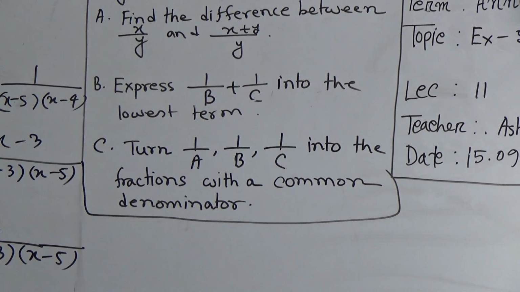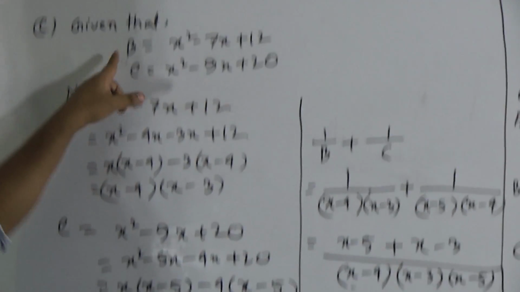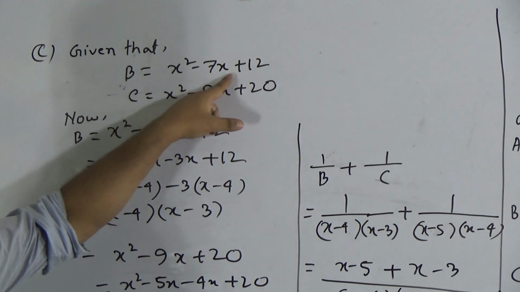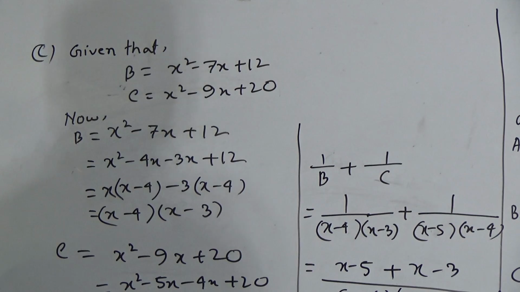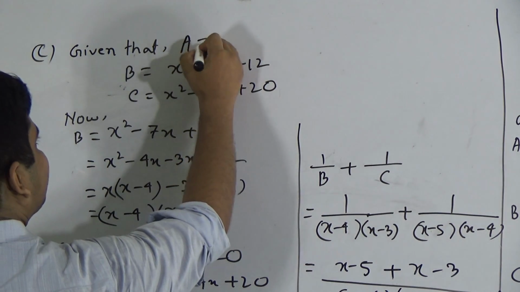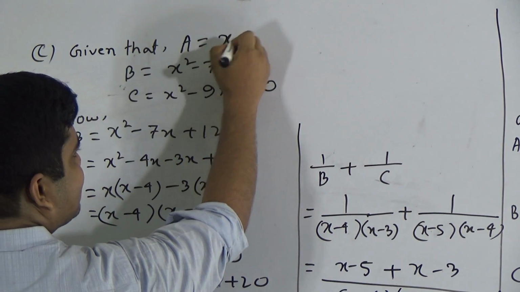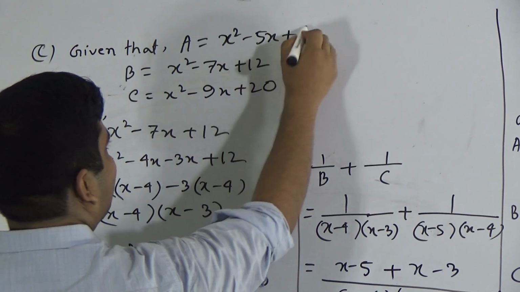Three expressions are needed. So when we want to solve question number C, first of all we write given that b equal to x square minus 7x plus 12, c equal to x square minus 9x plus 20. So you also need the expression a. So a is x square minus 5x plus 6.